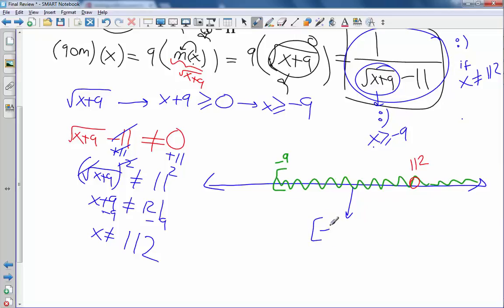Parentheses, and then 112 is a number. Good. Can I include 112 on any side? No, if you include it, it's going to make the big function sad. So we should take 112 off by splitting into 2 pieces. This is the second piece.